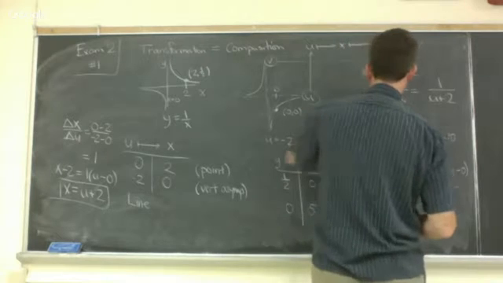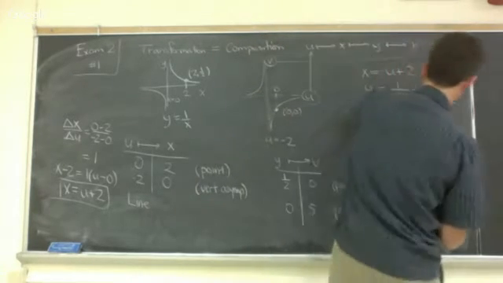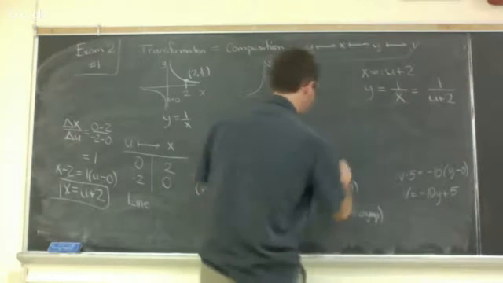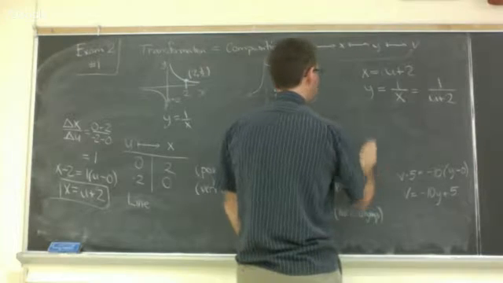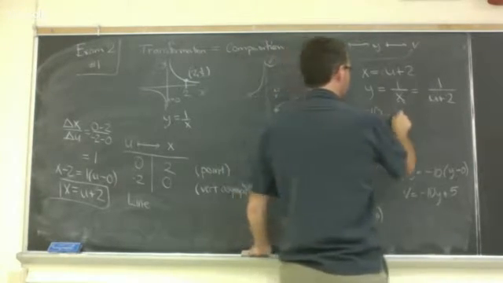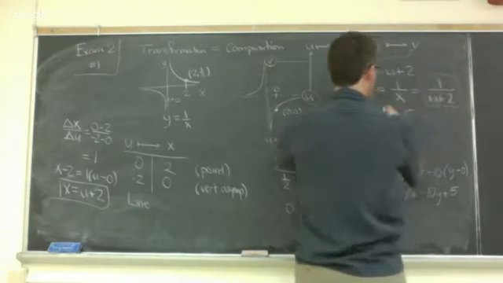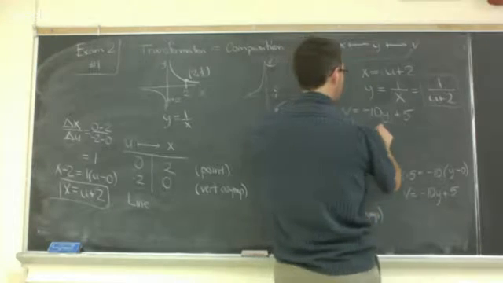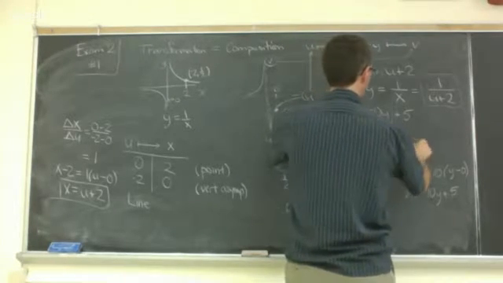I want space so that we actually get our answer in here. So V is -10y plus 5. And so we're going to take this formula and plug it in for y: -10 over u plus 2, plus 5.